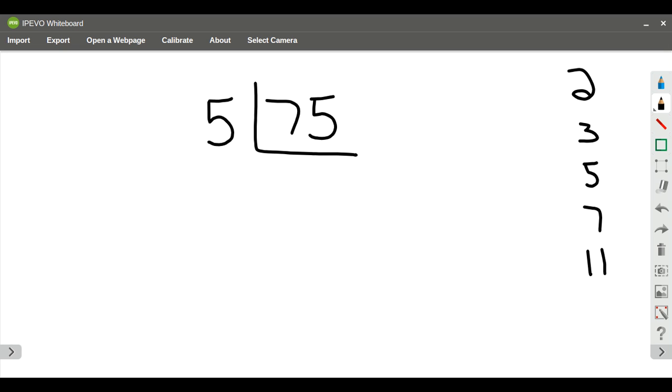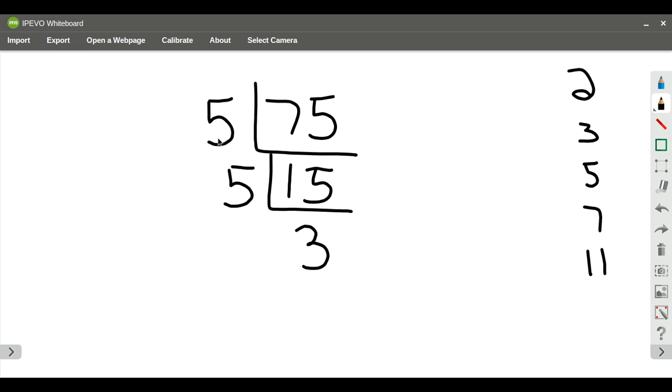So I then divide. 75 divided by 5 is going to be 15. Draw my box underneath just to help keep my workspace separate. And then I find a prime factor of 15. Well, it ends in 5, so it's divisible by 5. Divide 15 by 5, and I get 3. Now, because I'm at a prime factor here, I'm done.